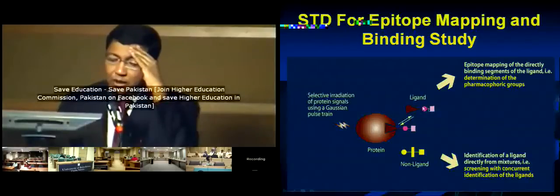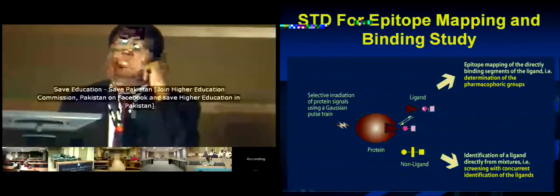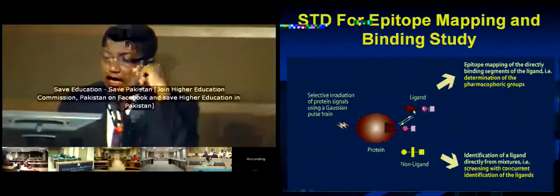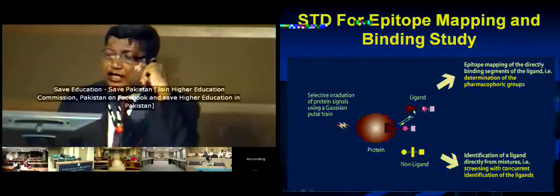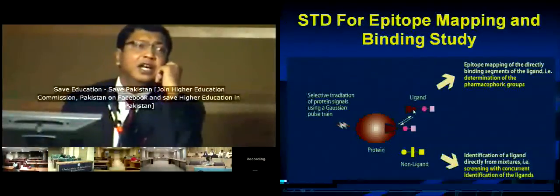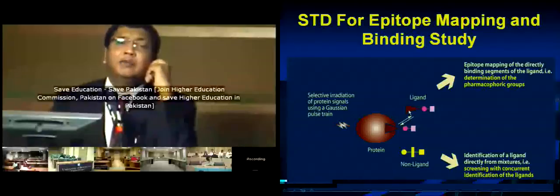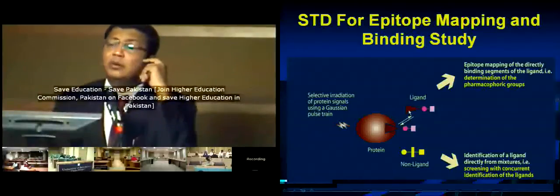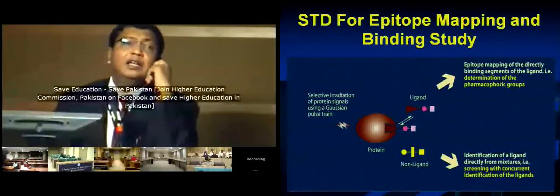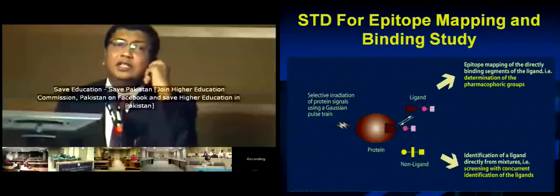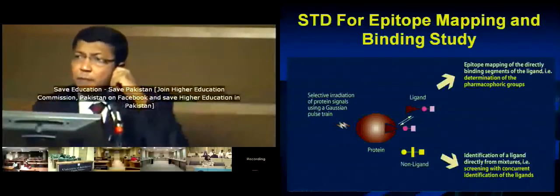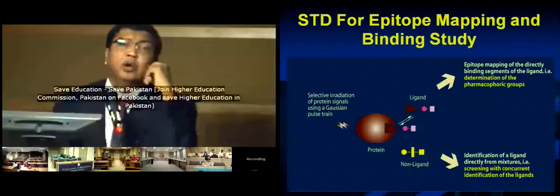Epitope mapping. This whole ligand is not receiving the energy. Only that part of the ligand is receiving the energy which is in the active site. Remember I versus S in NOE. Only I, when S is saturated, receives energy, not the whole molecule.